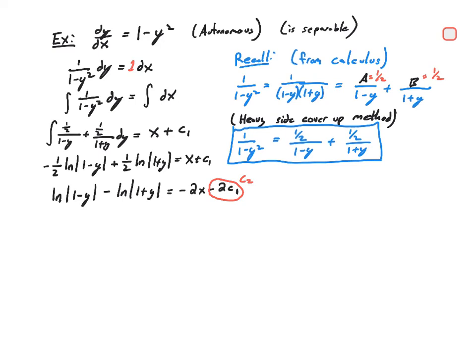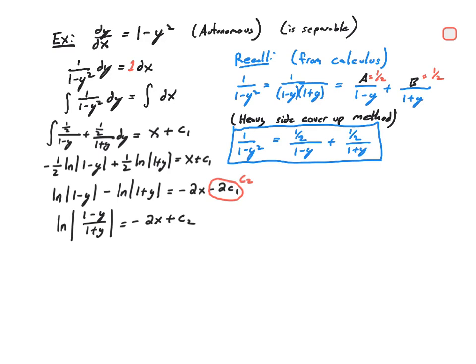And on the left hand side, I'm going to combine the natural logs. So now I have the natural log of the absolute value of 1 minus y divided by 1 plus y is equal to -2x plus some constant number.